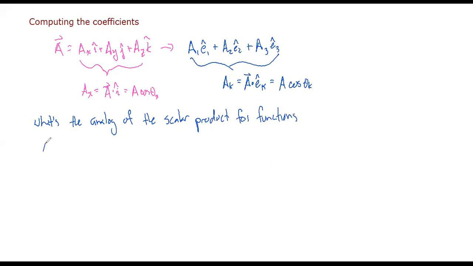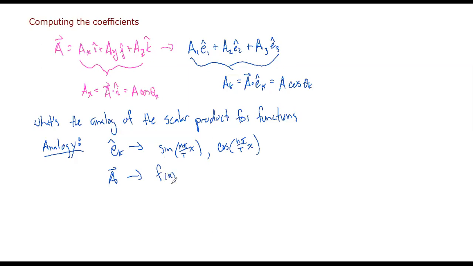Because in some sense, our analogy is this: the e_k's are going to be turned into these sine and cosine of pi t x's, and we're going to need some coefficient out front to make sure they're the same size. And then the vector we're trying to represent, that's f, the function itself.